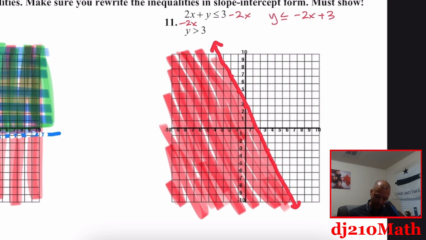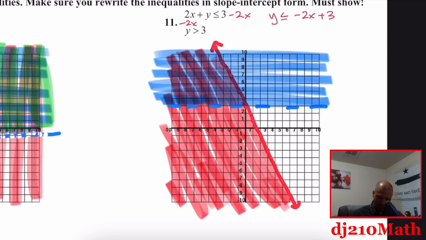So dotted line, horizontal line through y equals 3. So dotted. And we shade above 3 because we want bigger than 3. And we see that the solutions are going to be on the solid line and in the overlapping areas.